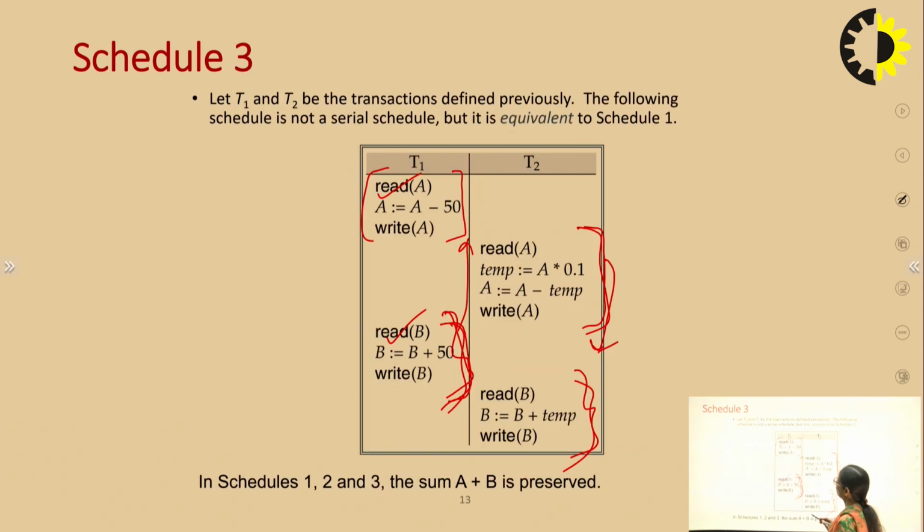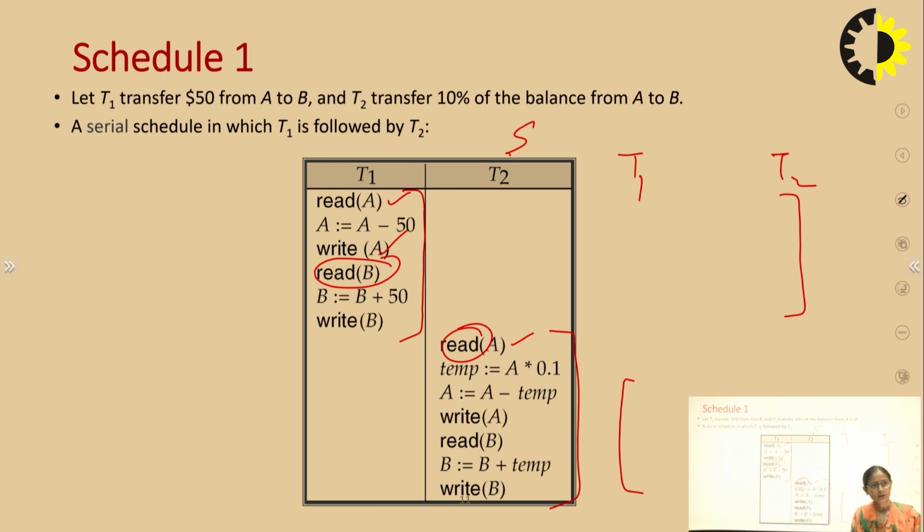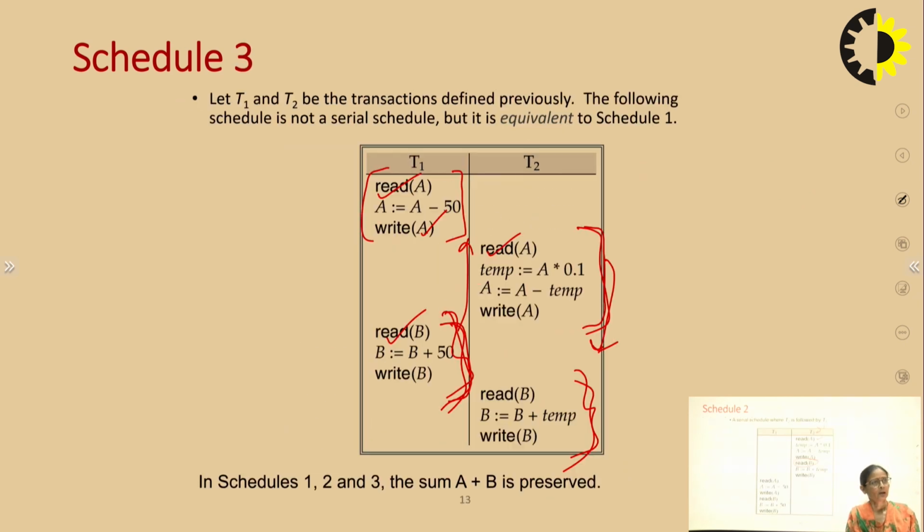And if I talk about schedule 3, here also it reads the value updated by T1, and the same is the concept with data item B. Now the third property: in schedule 1, in both cases the final update on both data items is done by T2, and in schedule 3 again the final update on both data items is done by the T2 transaction only.